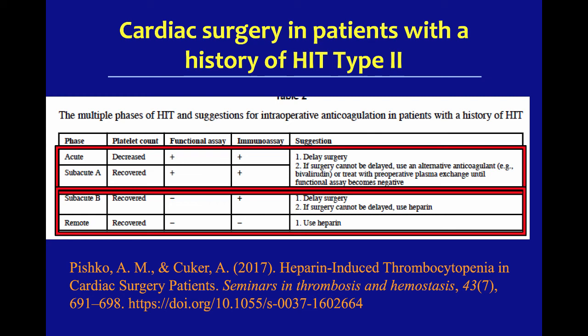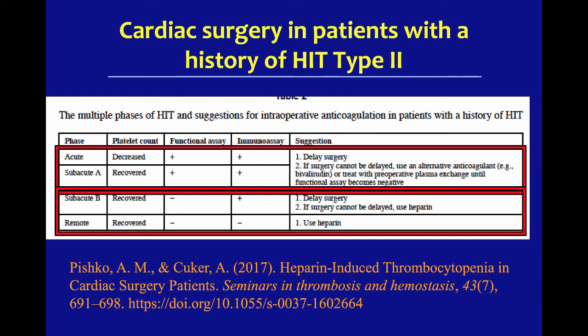So if you can delay surgery, that's the thing to do. If surgery cannot be delayed, then we have to consider using an alternate anticoagulant like bivalirudin or argatroban, and we'll talk about the alternate anticoagulants in another lecture.